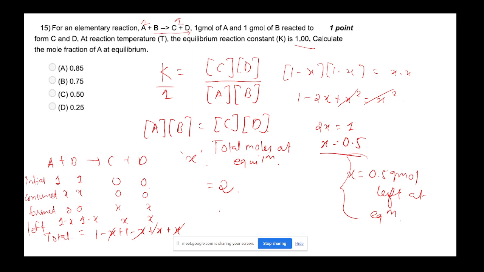Anyway, you can say that since the stoichiometry is maintained, whatever is going in will be coming out at equilibrium. So 2 is going in, 2 will be formed.